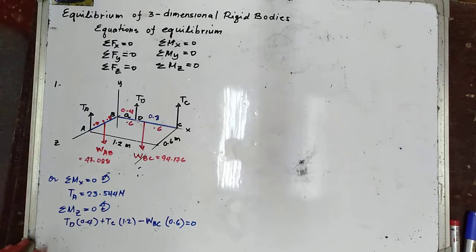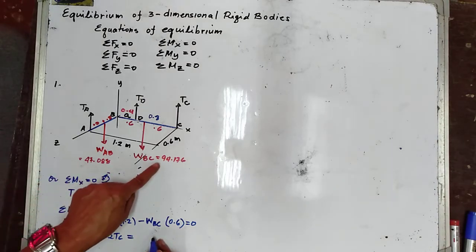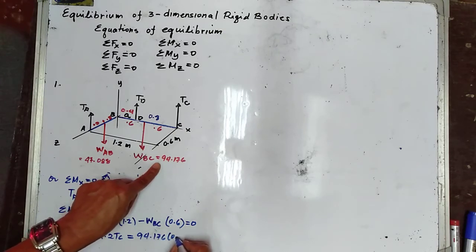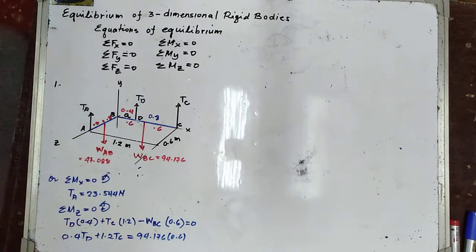So we now have 0.4 TD plus 1.2 TC is equal to WBC, and WBC is 94.176, multiplied by 0.6.